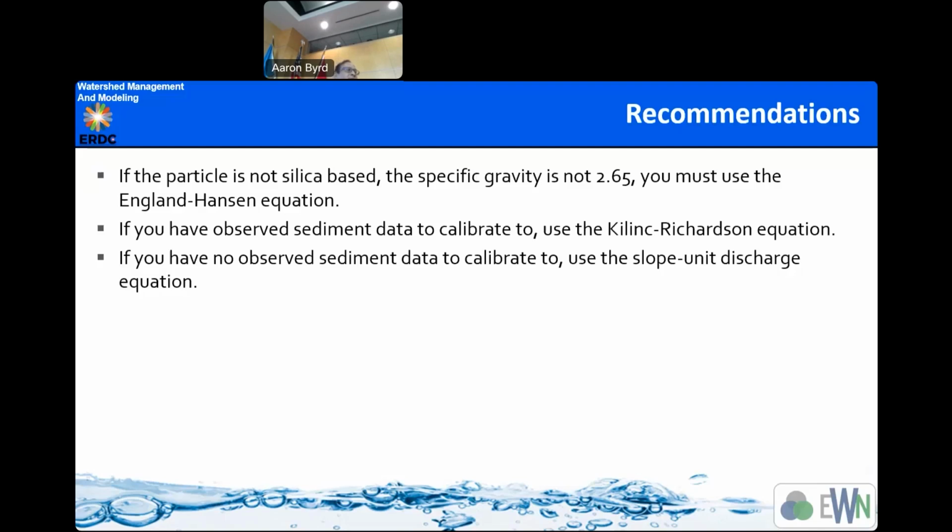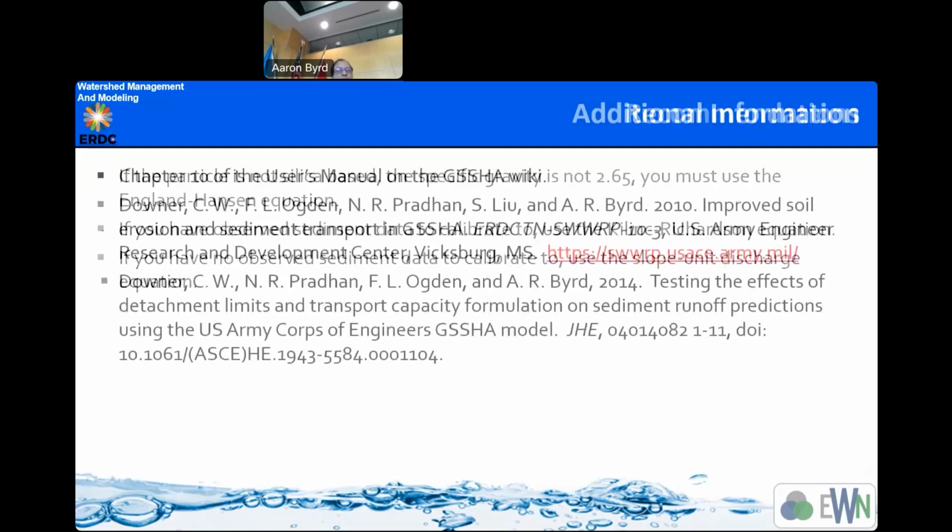We have several of those in GSSHA as options. And the best one we got is the slope unit discharge equation. For all the laboratory equations, we have used some scale factor.